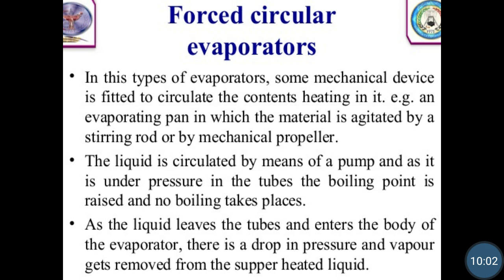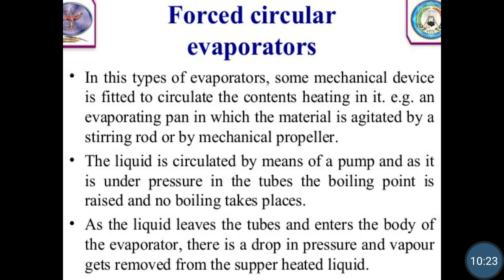Actually, the boiling does not take place, but the liquid gets evaporated and converts into vapor. Then as the liquid leaves the tubes and enters the body of the evaporator, there is a drop in the pressure and vapors get removed from the superheated liquid.